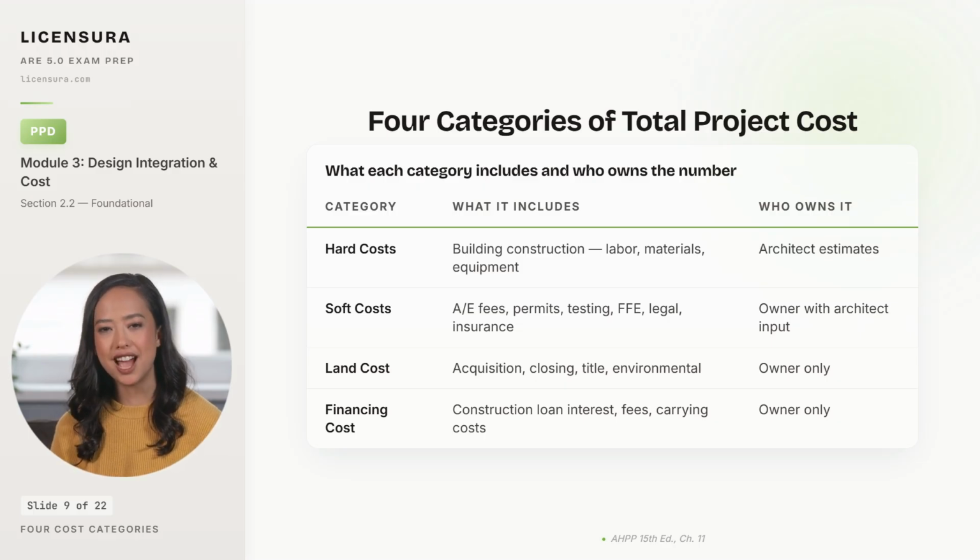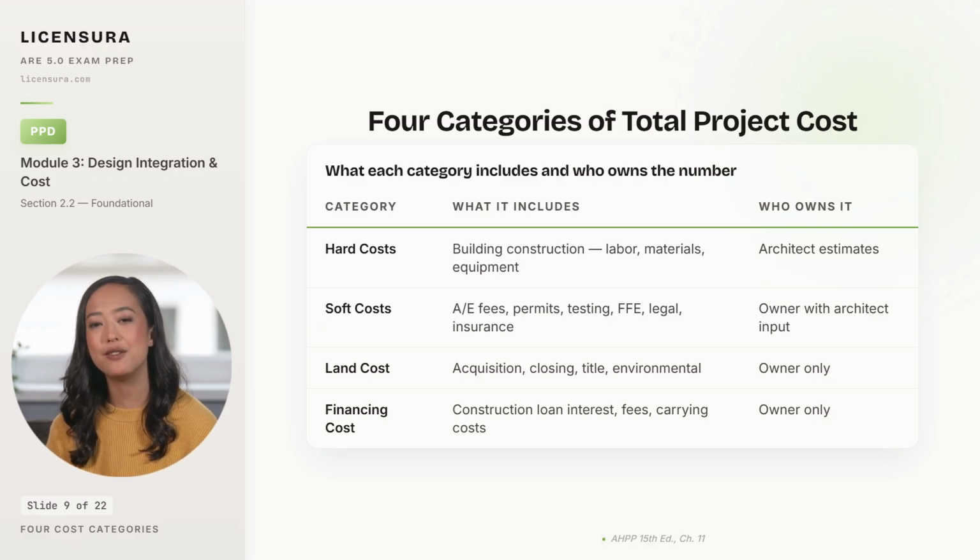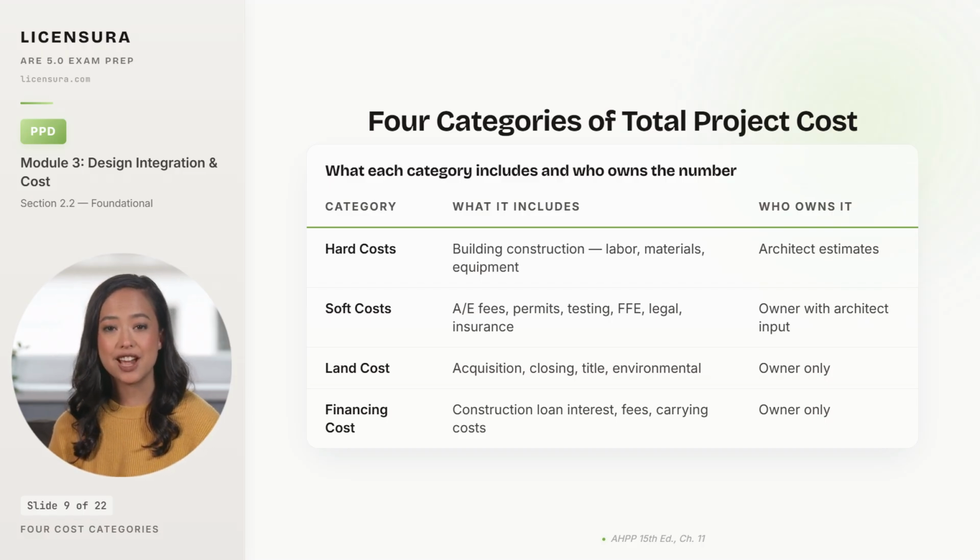Hard costs are the actual cost of building the building: labor, materials, equipment, and the contractor's overhead and profit. And that is what the architect's estimate covers. Soft costs are everything that is not physical construction: architectural and engineering fees, permits, testing and inspection, furniture and fixtures and equipment outside the contract, legal fees, insurance, and project management staff.